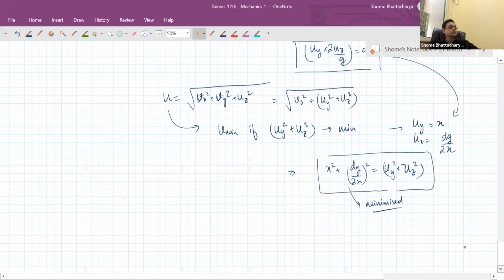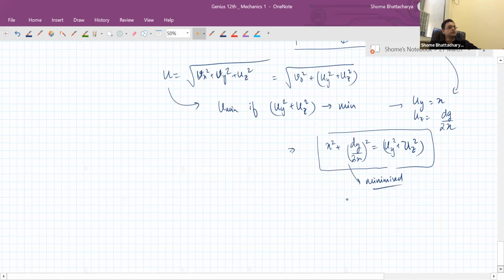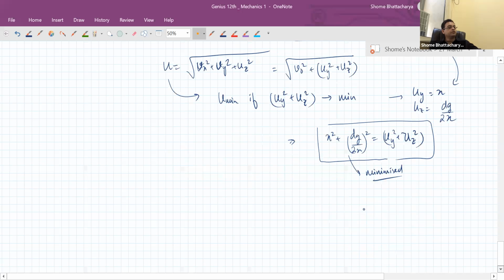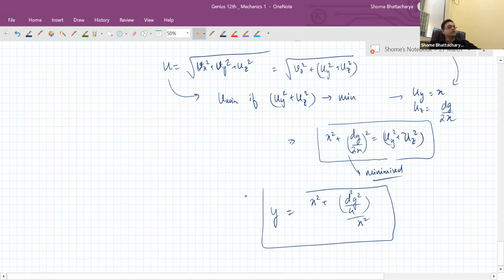Okay. So the quantity x square plus d square g square upon 4x square, let's say this is the function. This has to be minimized. Okay.